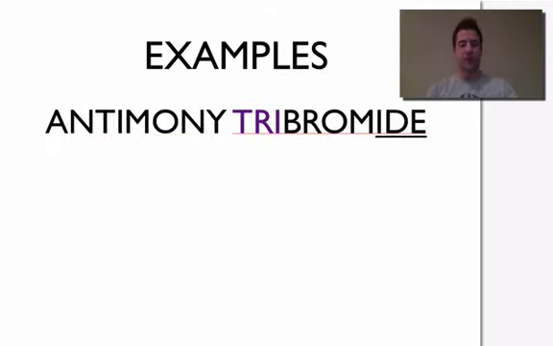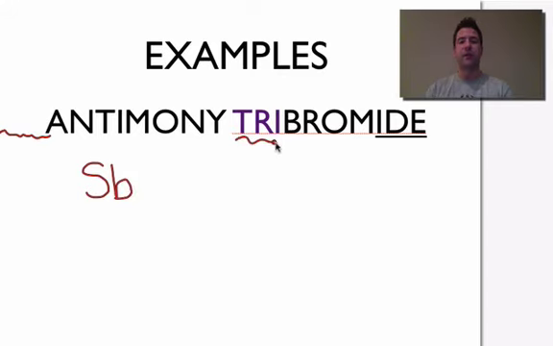Now let's try one more example here. We have antimony. Remember, this is a molecular compound, so there are 2 nonmetals in combination held together by covalent bonds. Antimony, here's where that rule applies. We didn't put mono in there, so we can assume there's 1. Antimony from the periodic table is Sb.